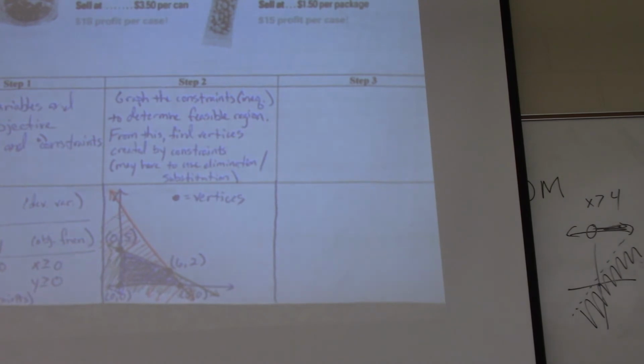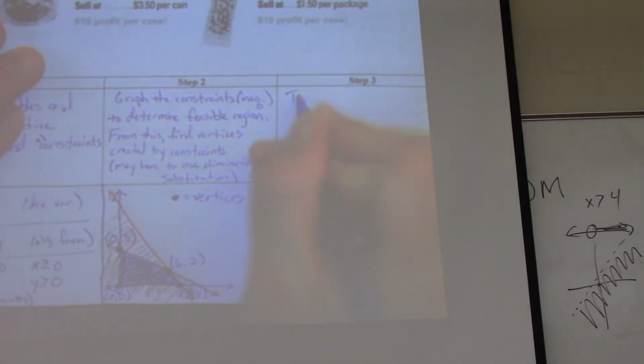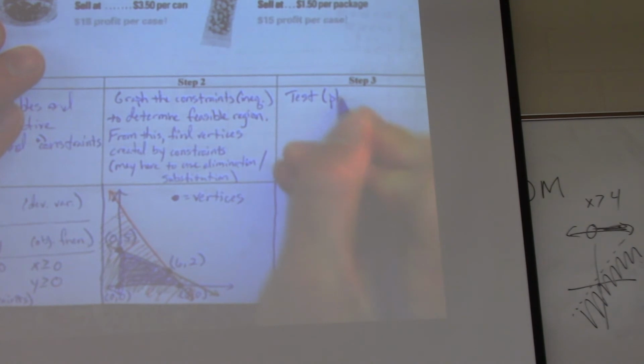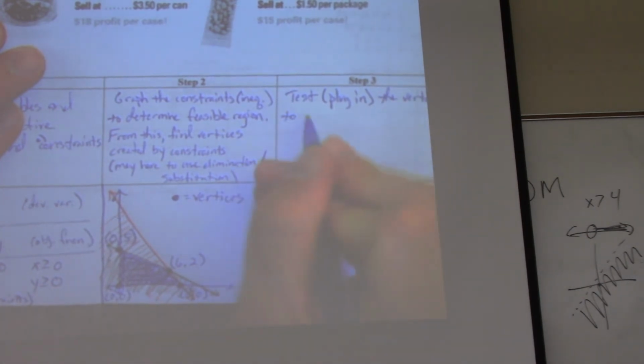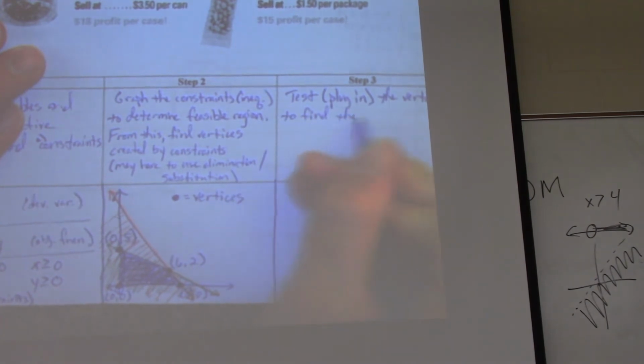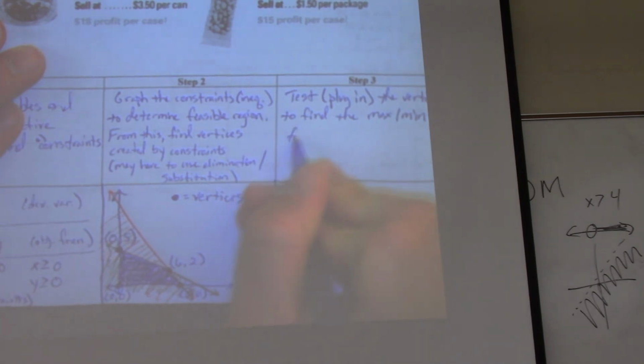Step 3 is to test, and by test I mean plug in the vertices to find the max/min for the objective function.